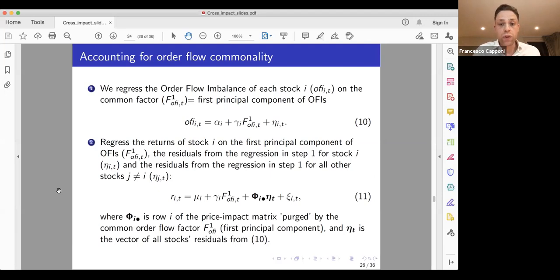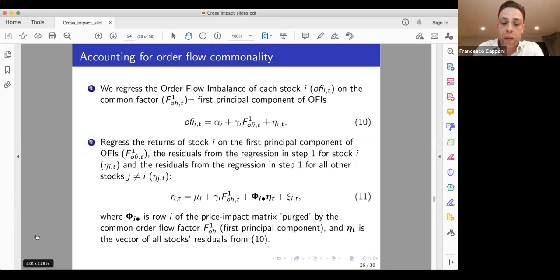In the second step, we regress each stock's return on the first principal component of OFI, to account for the commonality, and all the idiosyncratic order flow imbalances. Just to be clear, we do regression number 10 for each stock i. We have 67, so we have 67 etas, which are basically the contribution of each stock's order flow imbalance without considering the commonality that exists between them.